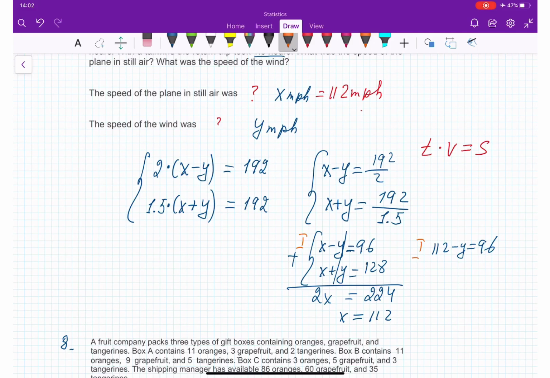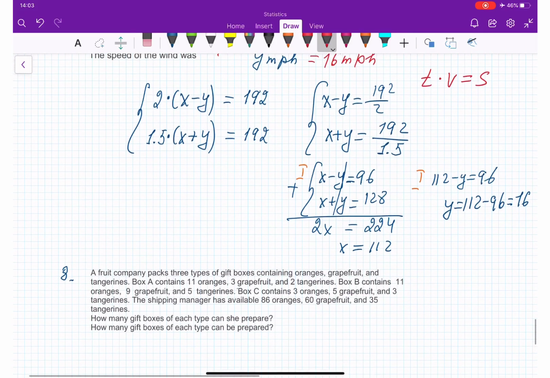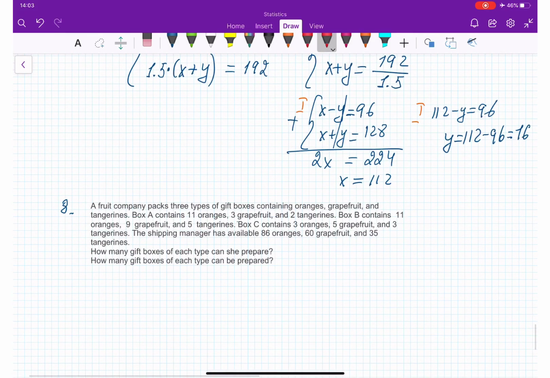Plugging x 112 minus y is equal to 96, and y is equal to 112 minus 96, which is equal to 16. So speed of wind is 16 miles per hour. Okay. Next question.